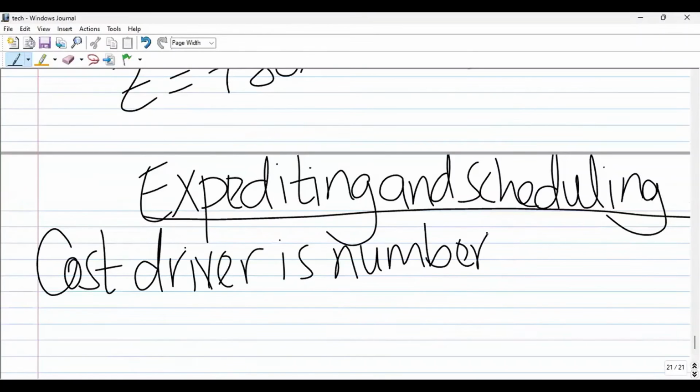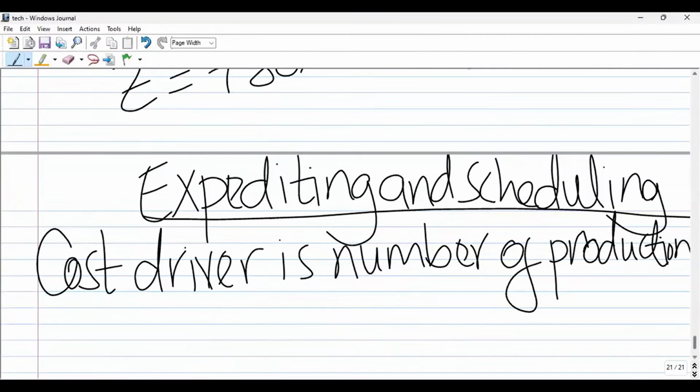So I cannot use labor here when the machines are doing their work. They depend on how many times they are running. The production runs are the number of times the machines are running.